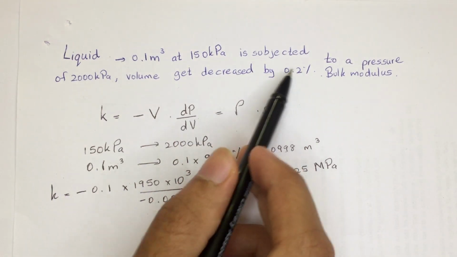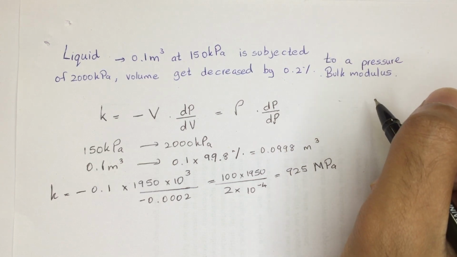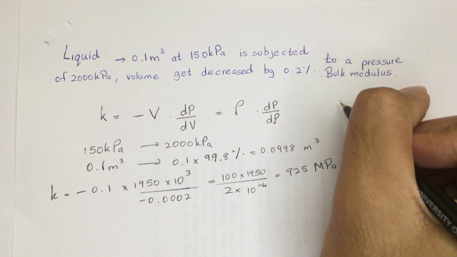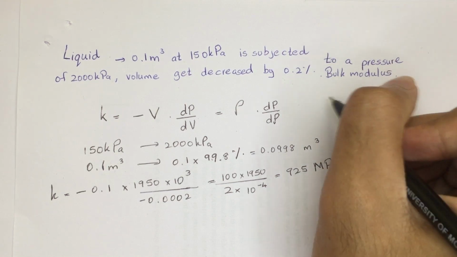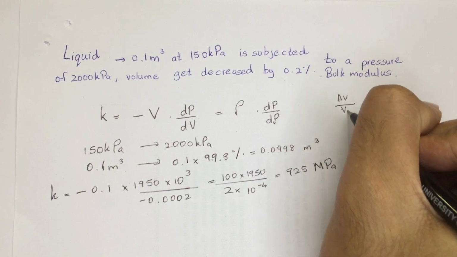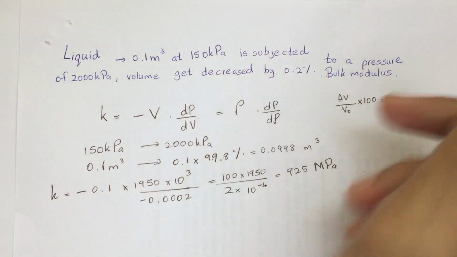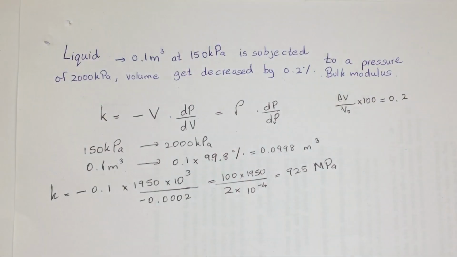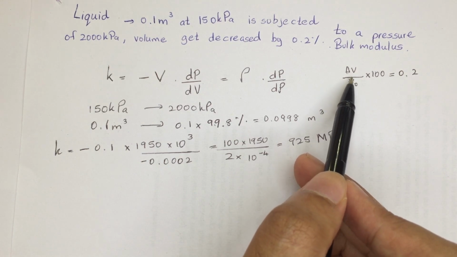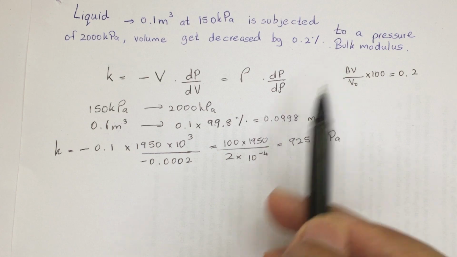Let's say I'm writing like this here. What does the 0.2 percent mean? The decrease percentage would be delta V over V naught into 100, which is equal to 0.2.